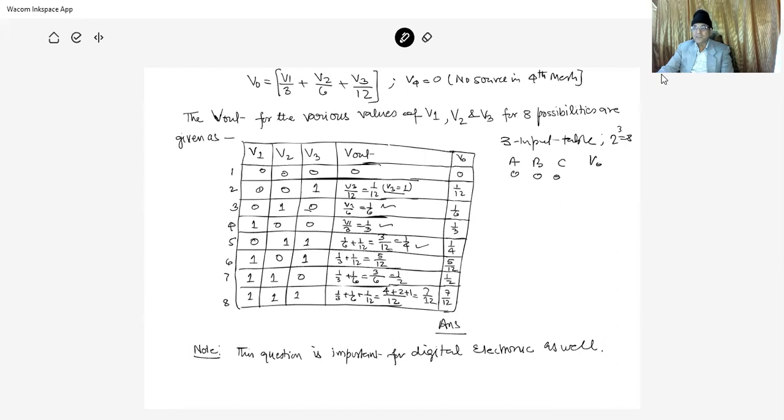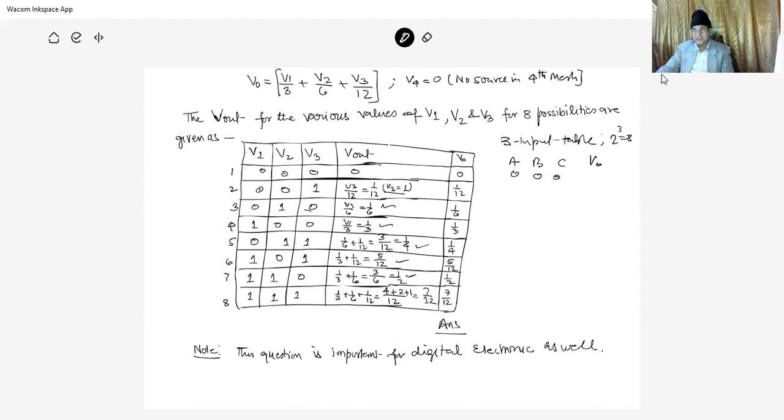So V1 is 1. This is 1 by 3 plus 0 plus 1 by 12. So 1 by 3 plus 1 by 12 is 5 by 12. The seventh possibility is 1, 1, 0. So V3 is 0. So 1 by 3 plus 1 by 6 is 3 by 6, so it is 1 by 2.